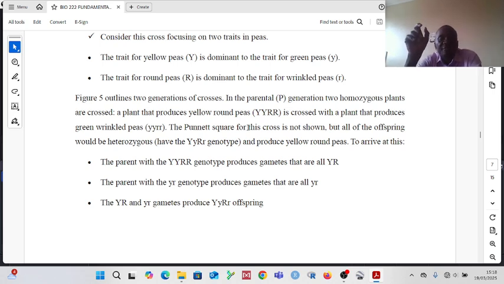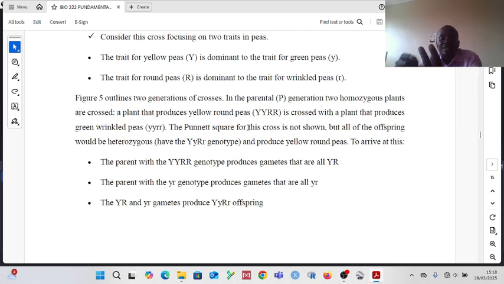The trait for the yellow pea is dominant, which is the capital Y. Then the trait for being round is also dominant, so that is capital R. So a plant that is producing yellow and round peas will have its genotype, yellow and round.